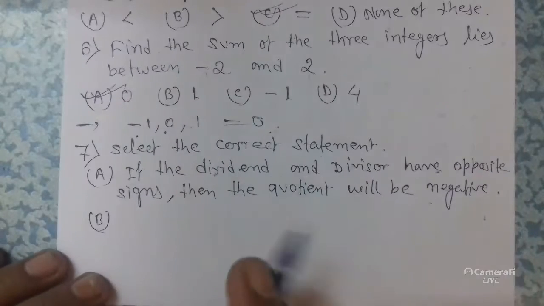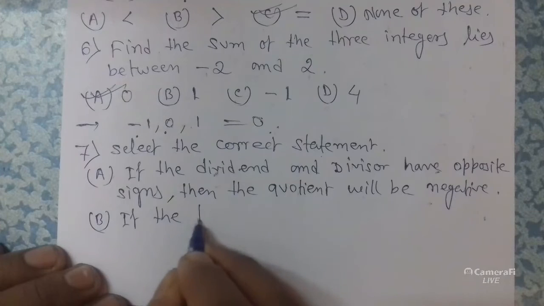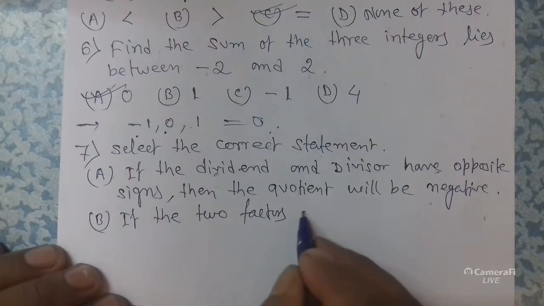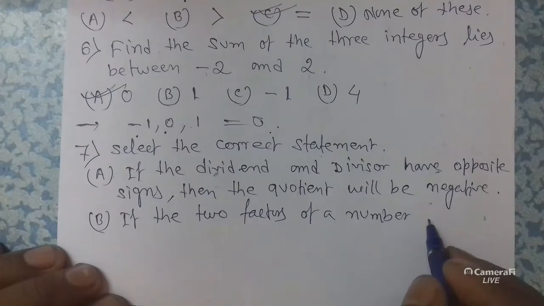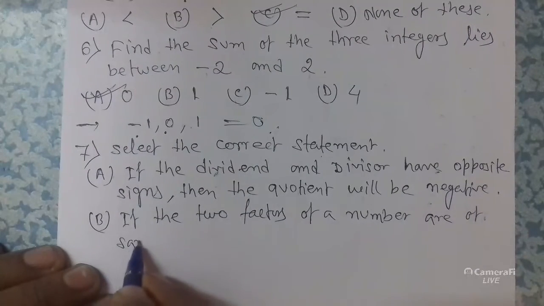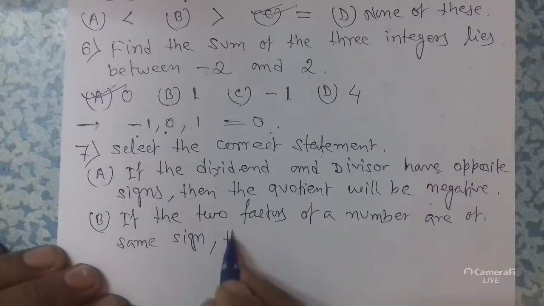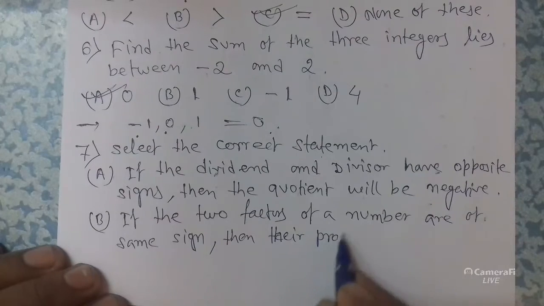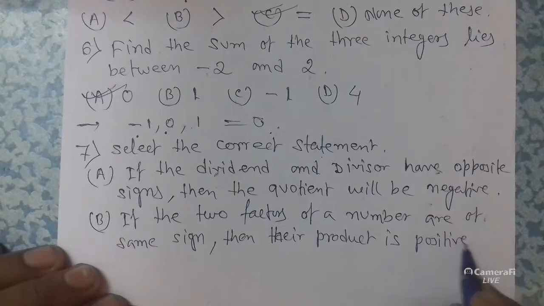Second option is: if the two factors of a number are of same sign, then their product is positive.